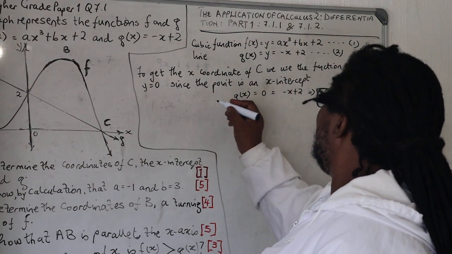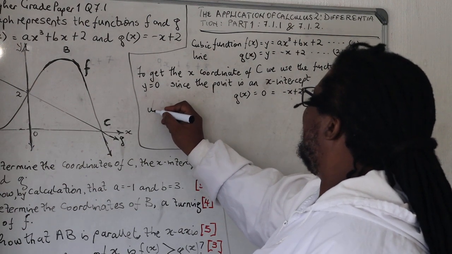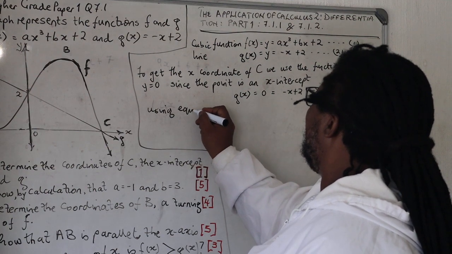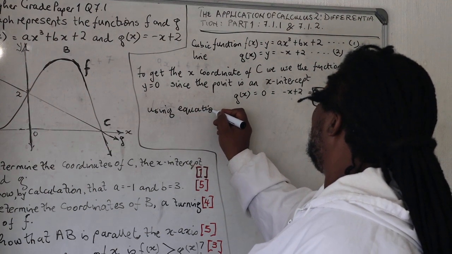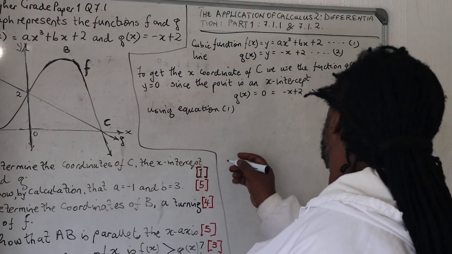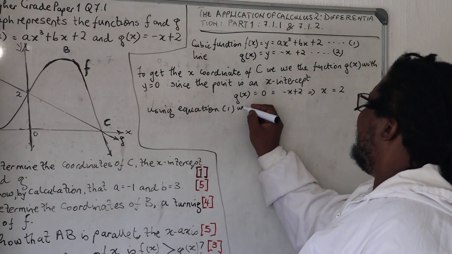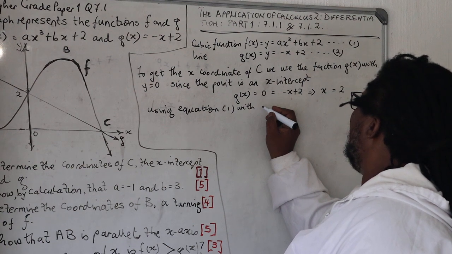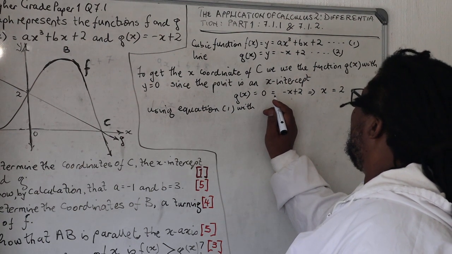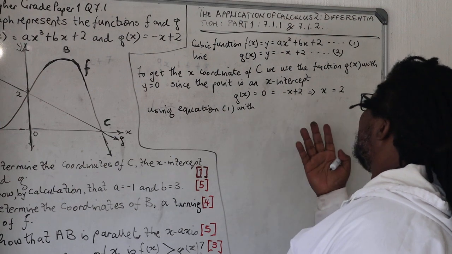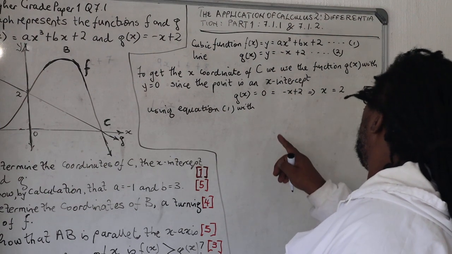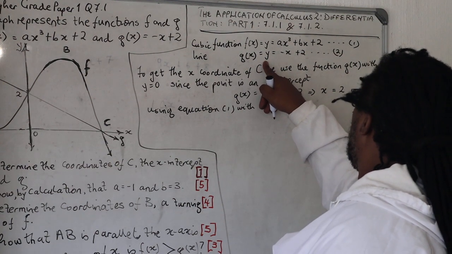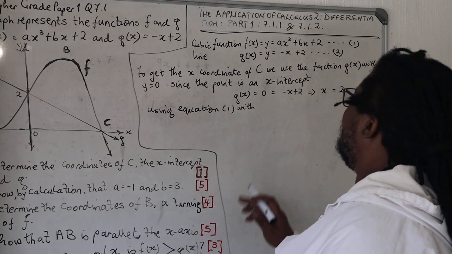Then using equation 1, no, it's no longer necessary for us to use equation 1 because we have said y is equal to 0, so our coordinates are done.